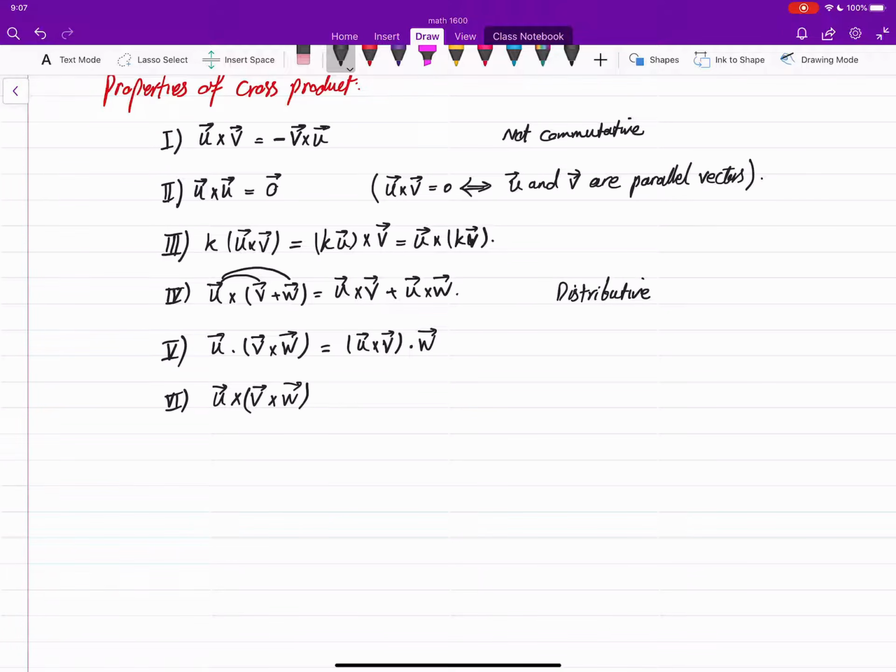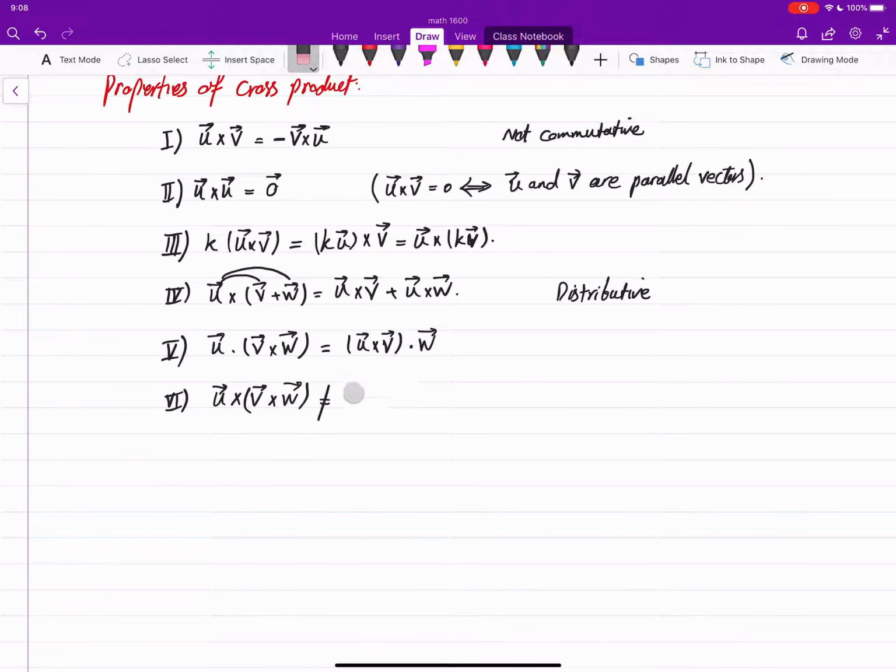In the other properties, we had what's called associativity, which means you can first do two first and then the third one, or the second two and then the first one. This says that no, this is not u cross v cross w. It's not associative.